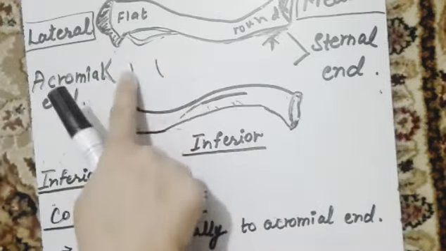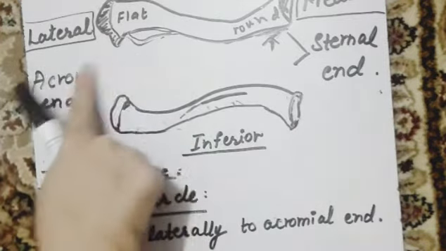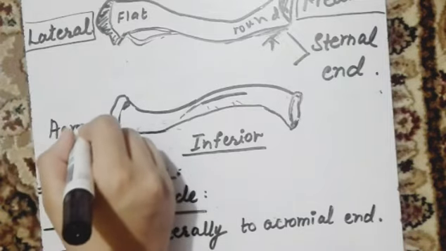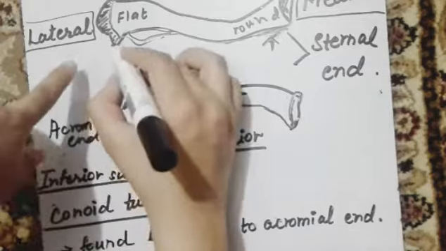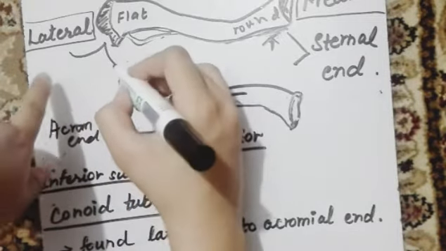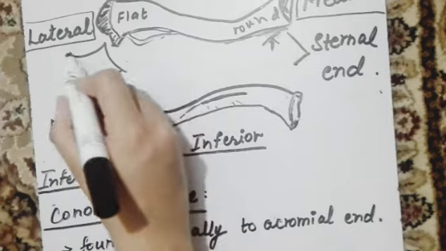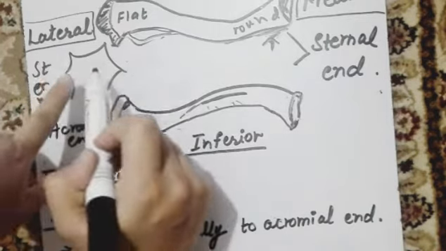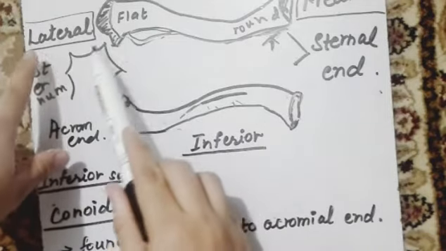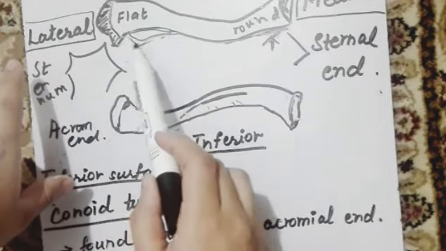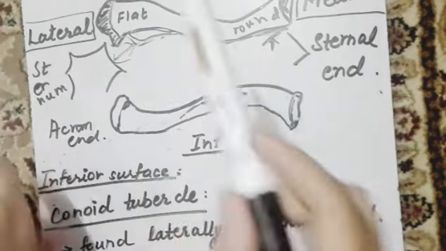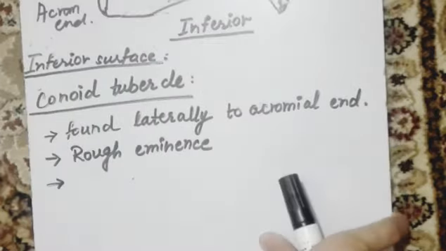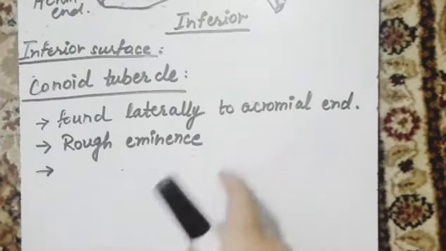If you suppose this is the sternum, let me just make it clear for you. So this is the pyramidal sternal end. Pyramidal sternal end and the flat surface of acromion process meet. We can distinguish it this way, that it is on the sternal side but on the acromial end.